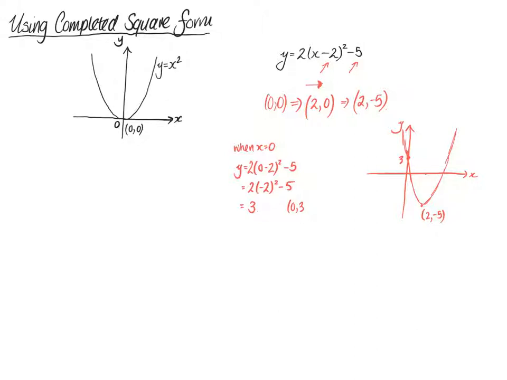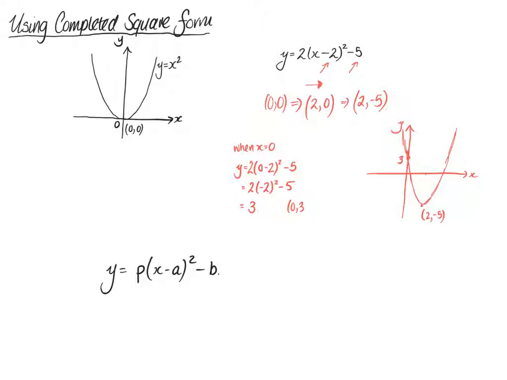But also this means that from any completed square form, whether it's from the graph or from the equation, you can instantly tell what the turning point of that graph is. So if we've got just any, so I'm going to write it in its general form. So we've got y equals p bracket x minus a squared minus b.